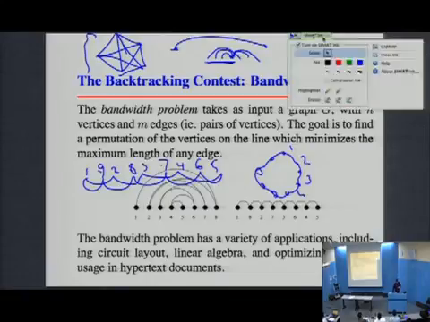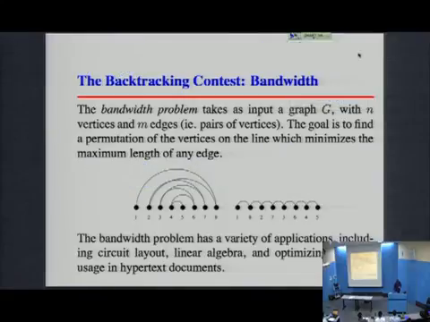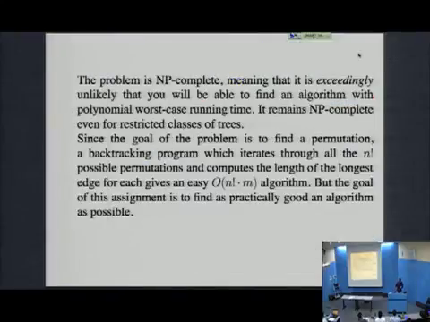Okay. So what do I want to tell you about this problem? First of all, this problem is an NP-complete problem, meaning that there is no fast algorithm in the worst case. It turns out to be, in some ways, a very NP-complete problem. Now, that's not a technical term. But what I will tell you is that even for graphs that are a very special class of trees, this problem is hard.